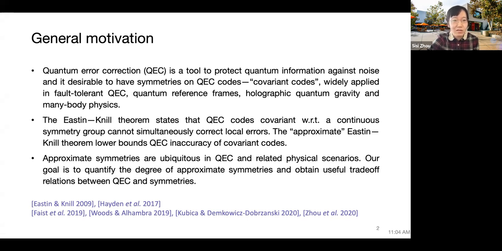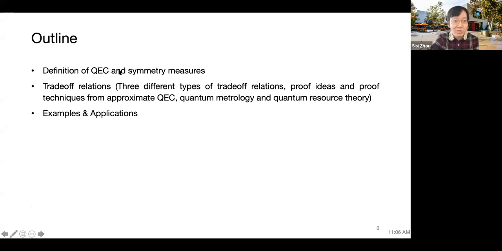So here's the outline of my talk. I'll first go through the setting by defining some quantum error correcting measures and symmetry measures. Then I'll talk about the main results of our work, which is a series of trade-off relations.